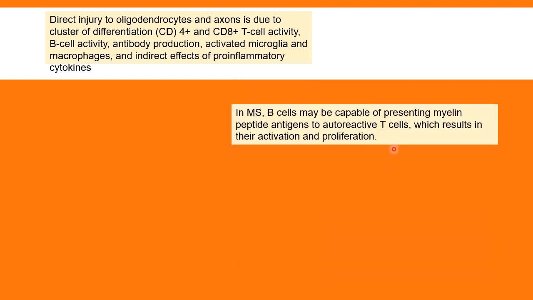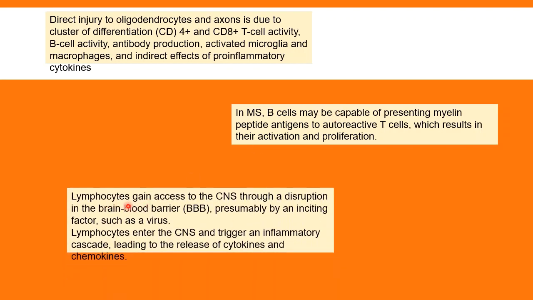It is particularly important to note that the B cells are capable of presenting these myelin peptide antigens to the autoreactive T cells, which results in the characteristic activation and proliferation of these T cells. The activation of these T cells results in the characteristic pro-inflammatory cytokine release and a cytokine storm. In addition, the microglia and the macrophages are also activated by these B cells, and that particularly results in characteristic demyelination.